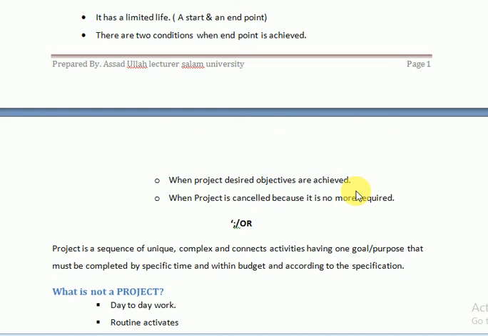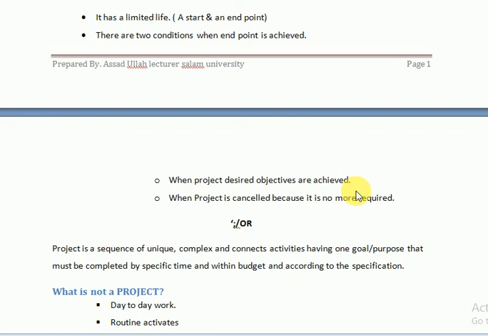The fundamental similarity beyond this, the characteristics of the project, helps differentiate it from other endeavors of the organization. The major characteristics of the project are as follows.